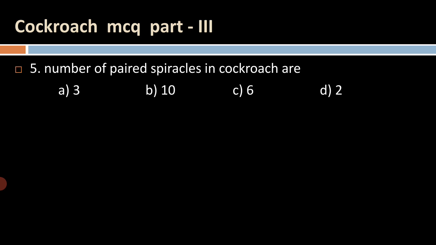Next one, number of paired spiracles in cockroach. These spiracles are the apertures or openings found in the cockroach respiratory system. So there are 10 pairs of spiracles in cockroach.